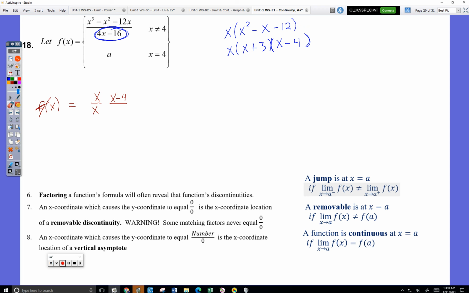Okay, I'm serious. Write down 5. That was a really bad error. F of x equals, okay, gotcha. So we have a 1 over 4. We have an x over 1. We have an x subtract 4 divided by x subtract 4.